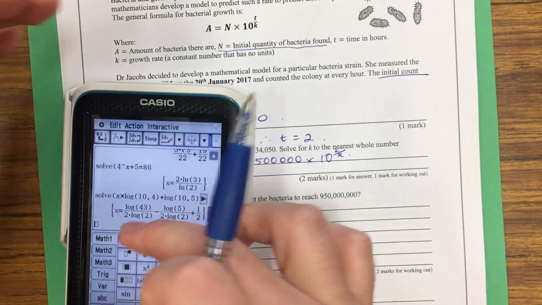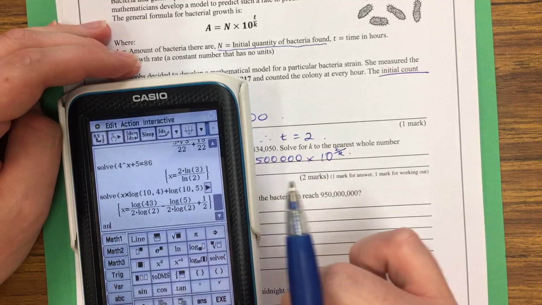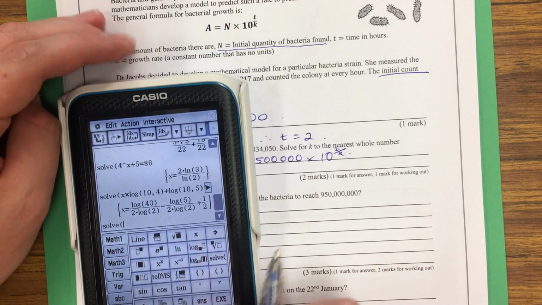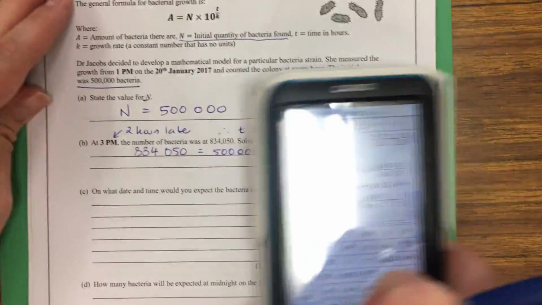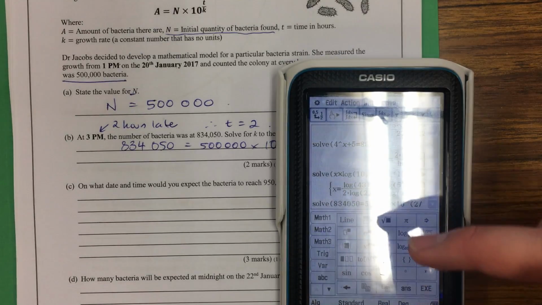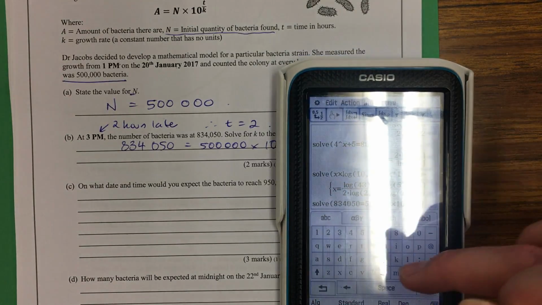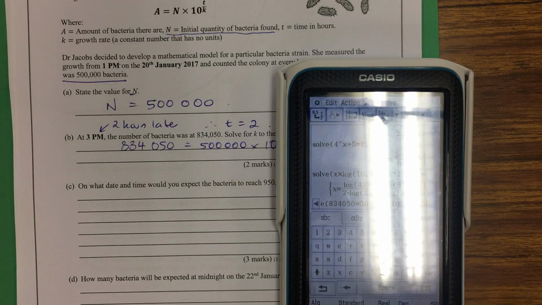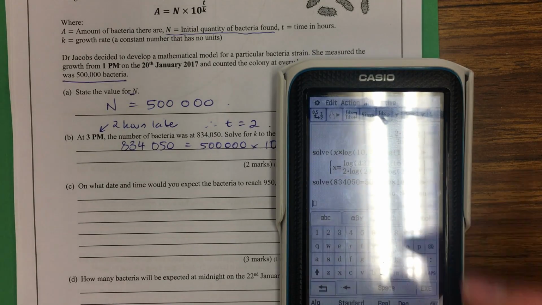And that's where we get our very lovely friend here of the calculator. And we can solve. So this would become 834,050 is equal to 500,000 times 10 to the power of 2 over K. We'll get the ABC, get the K out there, and we'll press equals, and it says there no solution.